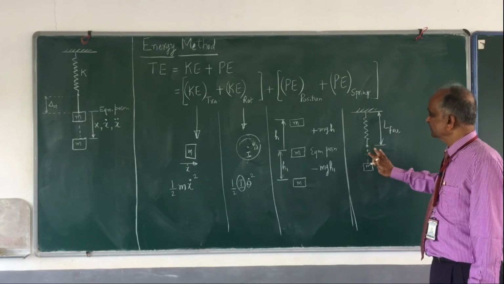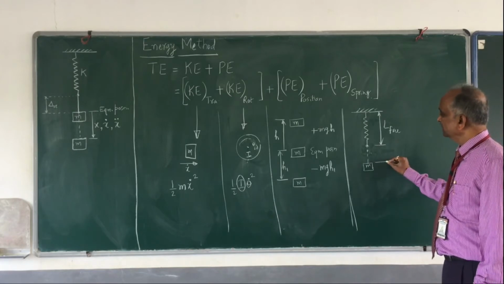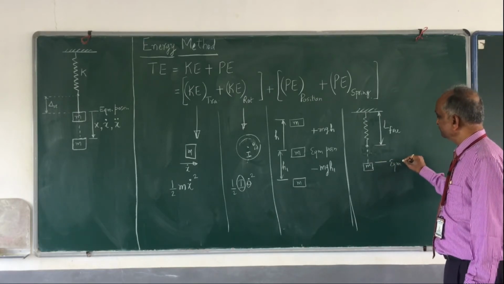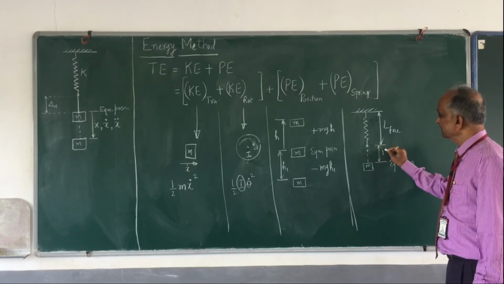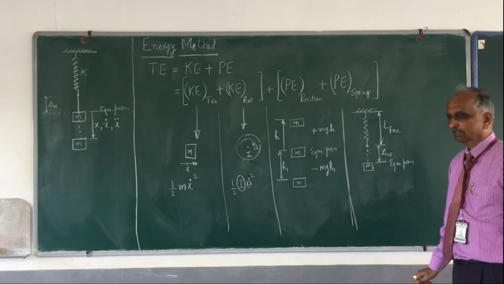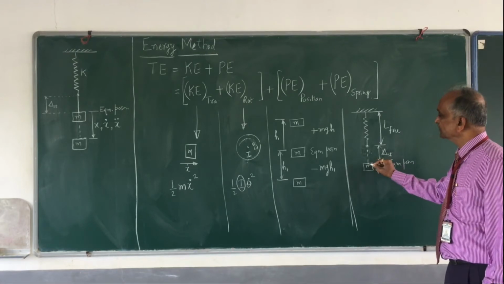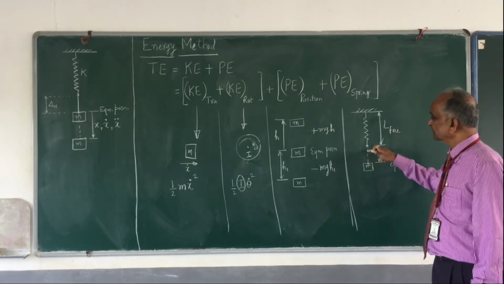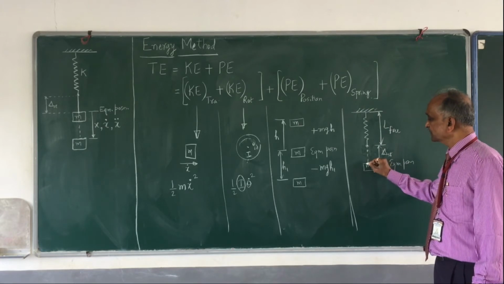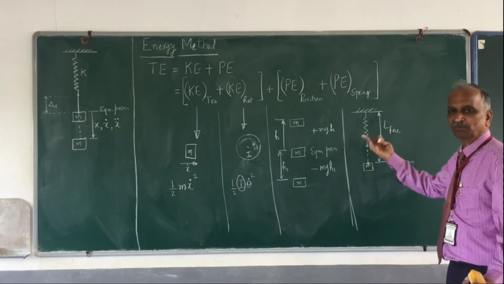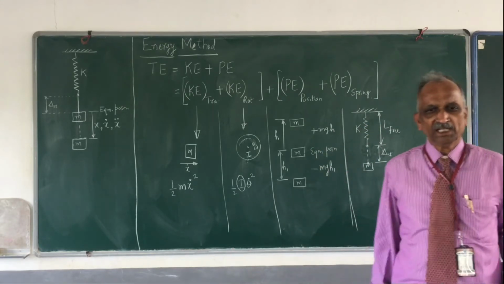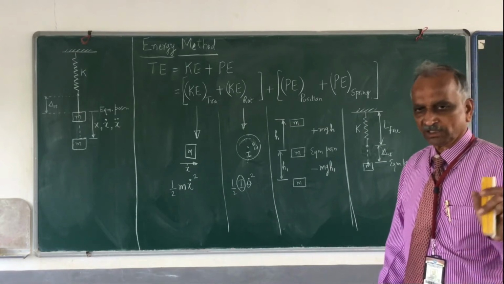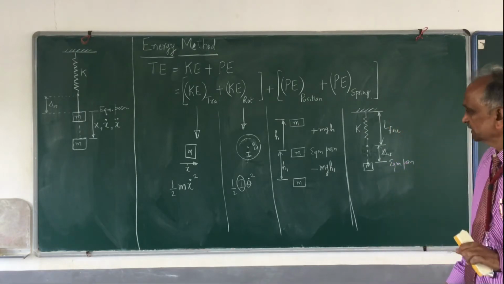The mass will occupy this position, and I know that this is the equilibrium position, and this distance I have called delta St. So what is the spring force at this position? That is nothing but K multiplied by delta St: stiffness multiplied by the elongation gives you the force acting on the spring.